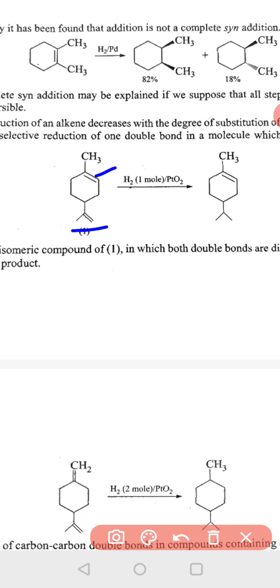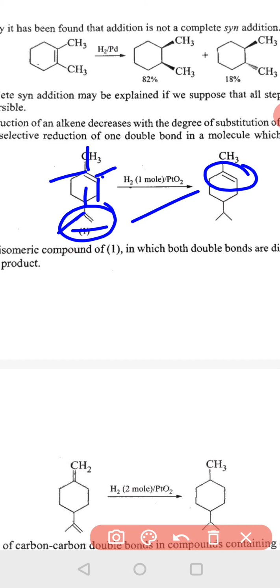This double bond has 3 substitutions, 1, 2, 3, and this double bond has 2 substitutions, 1 and 2. The less the degree of substitution, the more is the ease of reduction. So this double bond gets reduced and this double bond is left untouched. So the ease of reduction of an alkene decreases with the degree of substitution of the double bond. This is an example of this fact.